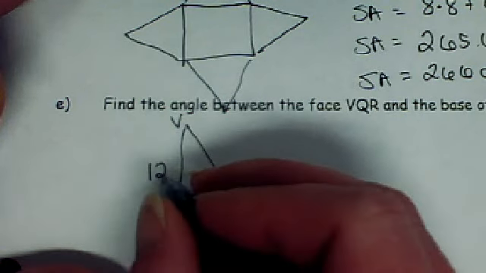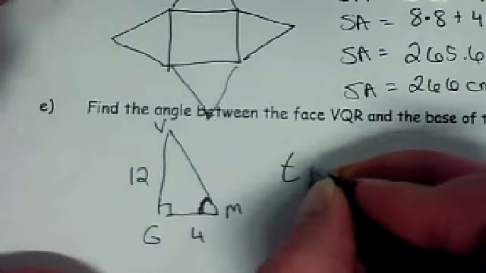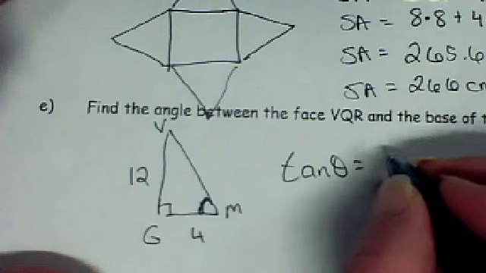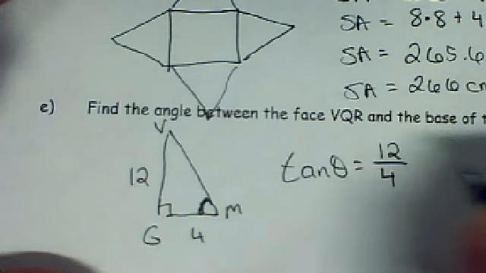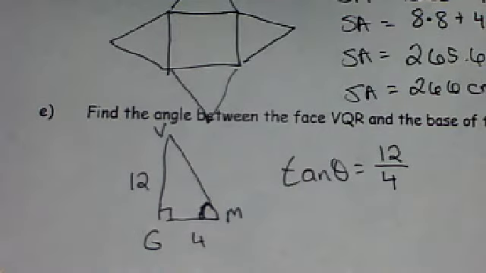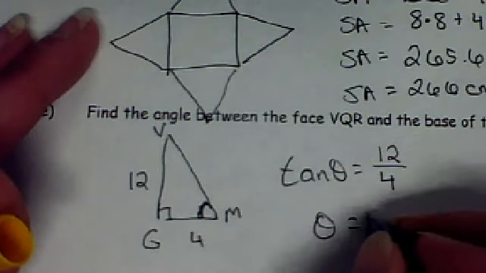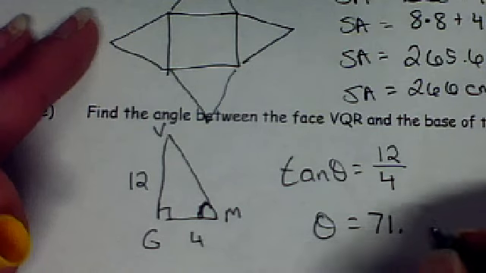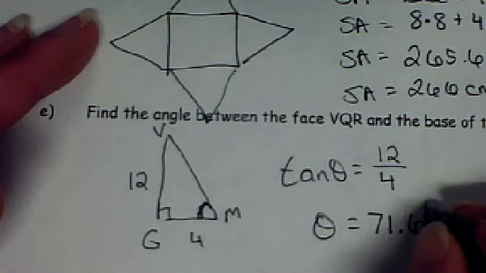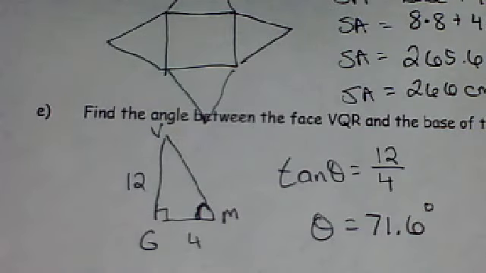Well, opposite over adjacent, that'd be tangent of some angle equals 12 over 4. So to find the angle, we use the inverse operation. So inverse tangent, 12 divided by 4. And we get 71.565, which would be 71.6 degrees.